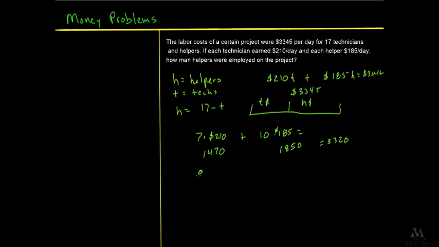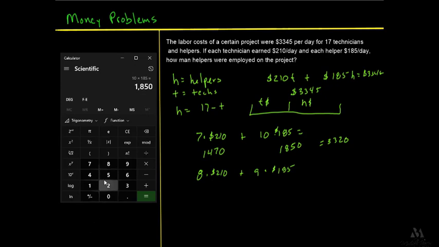So I'm just going to try 8 times 210 plus 9 times 185. If I wouldn't have been so close, I would have spread my numbers out a little bit, but since I'm pretty close, so 8 times 210 equals 1680.